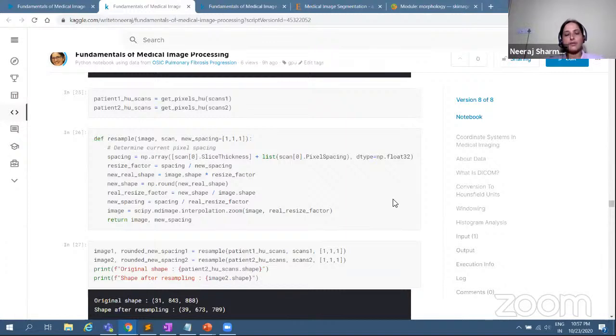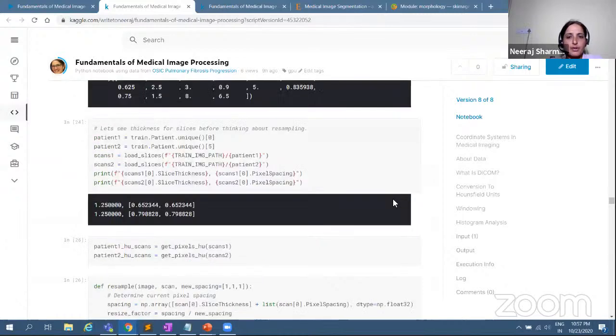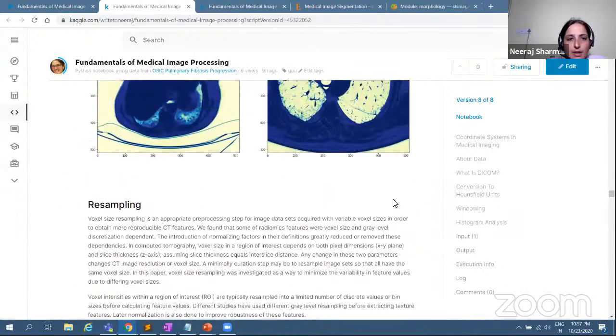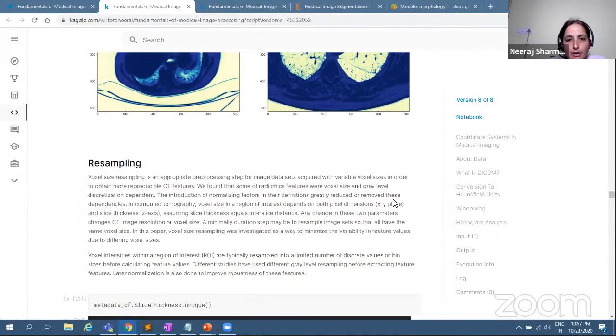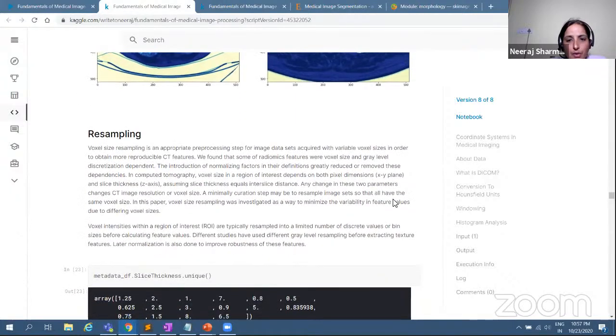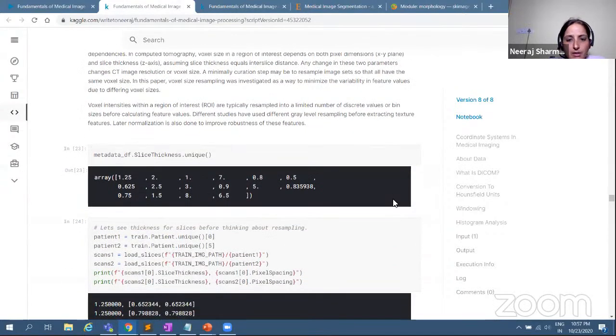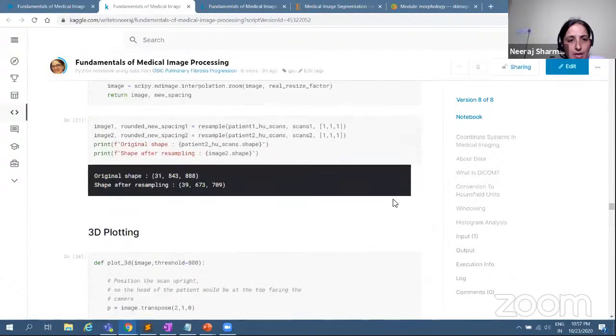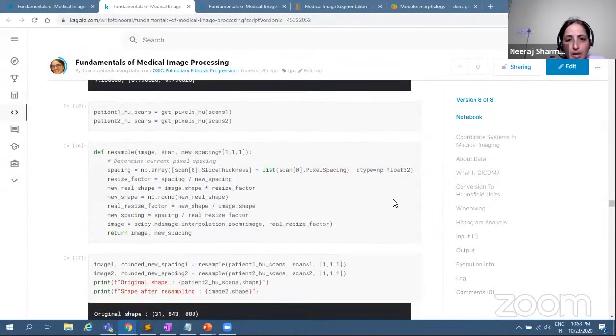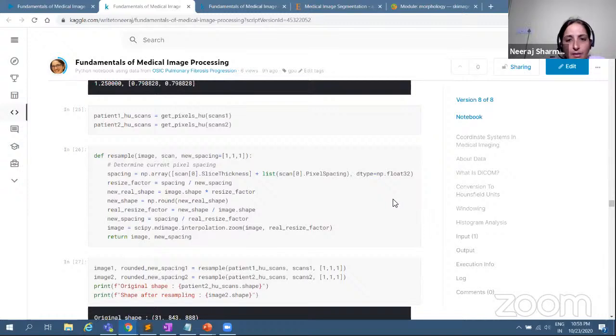Okay, so visual features. For this particular disease, because we are focusing on the lungs, we will go for the histograms, all the histogram values. That is one thing. Then the segmented images are another feature.